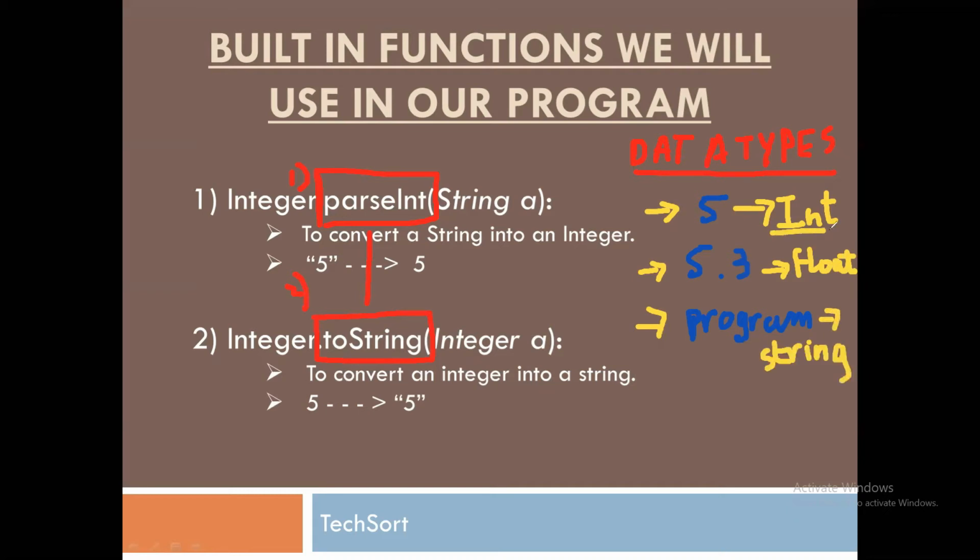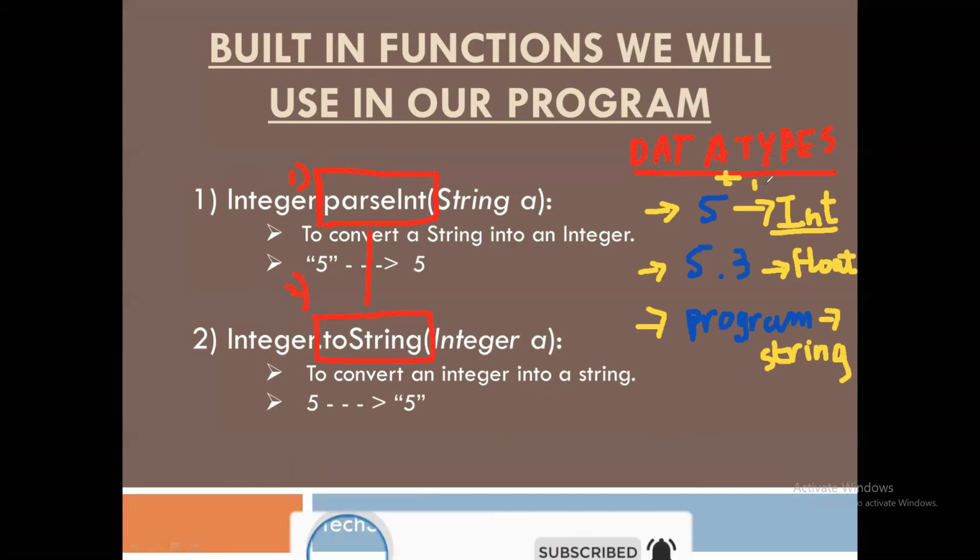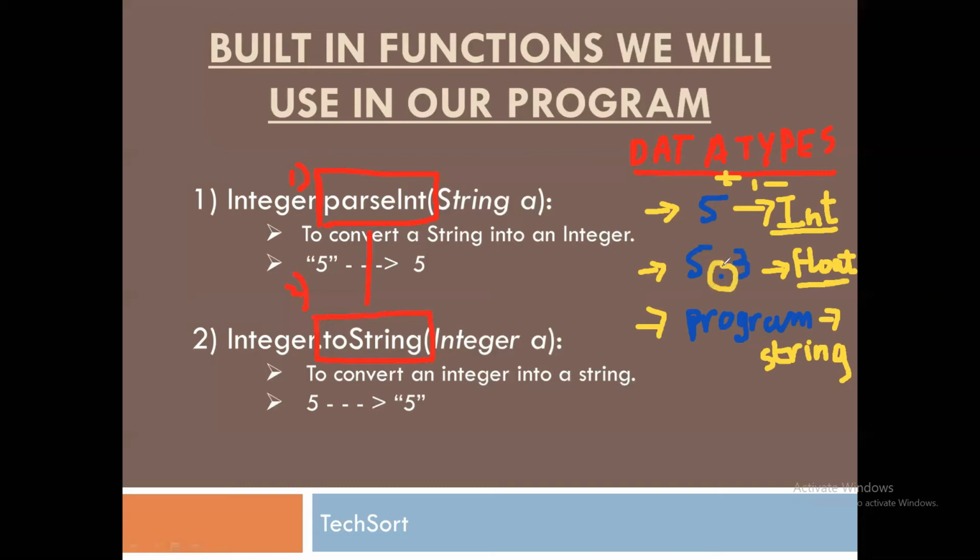Integers are numbers, any whole number. It can be positive as well as negative. What are floating numbers? Floating numbers are any number which contains a point, 5.0, 5.1, 1.0, or any number like this. These can also be negative as well as positive.